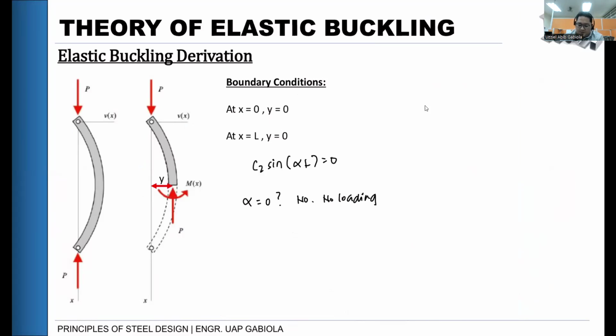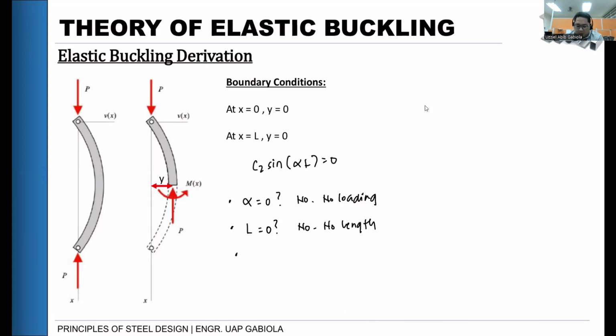Okay? 'Yun yung sa una. Next, length. Puwede bang mag-0 si length? Of course, no, kasi kung wala tayong length, wala tayong column na pinag-uusapan. Ibig sabihin hindi din siya puwede, no? Pag L is equals to 0 natin.